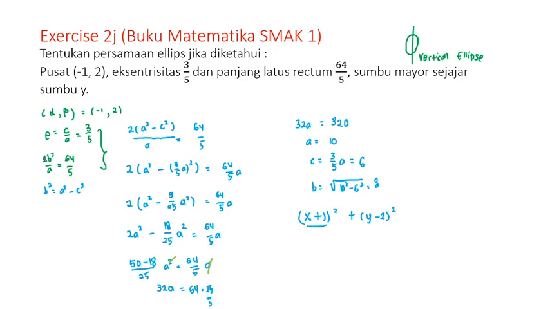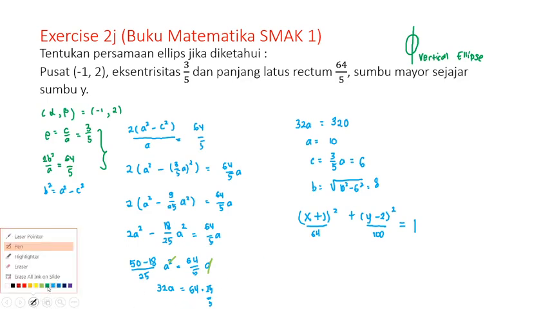Then adding the a square, since this is a vertical ellipse, a square is here, and then b square is there, 8b square equals 1. So this is our equation of the ellipse.